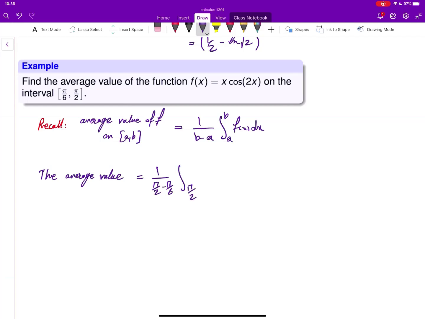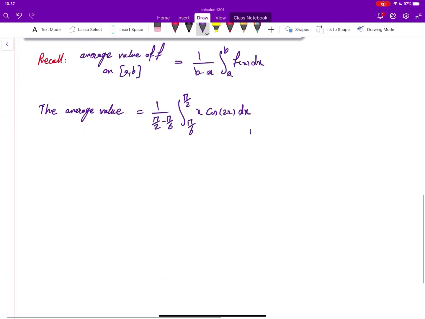Integrate from pi over 6 to pi over 2 of x cosine 2x dx. So we have to evaluate this integral and plug in there. So I'll go separately and think how to integrate this piece here.